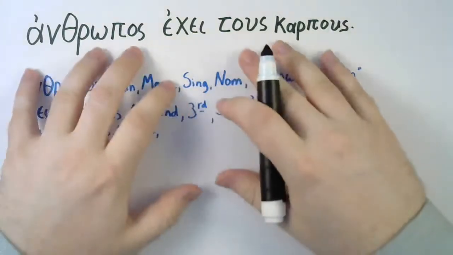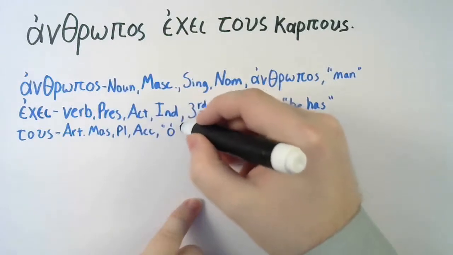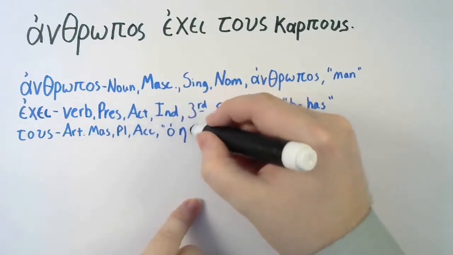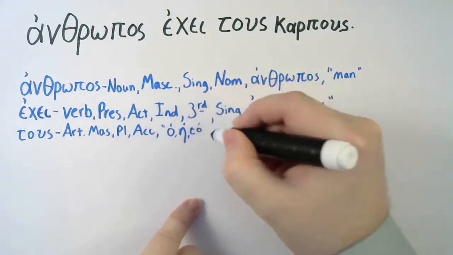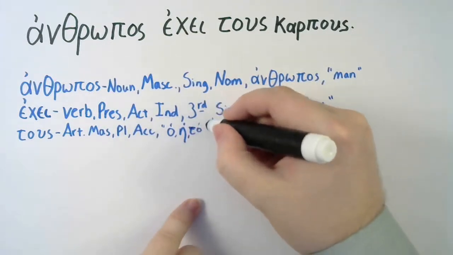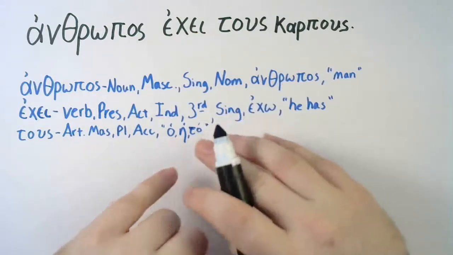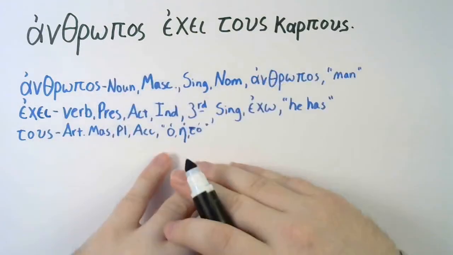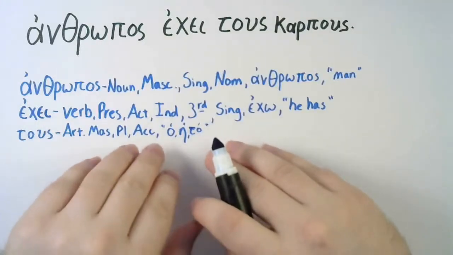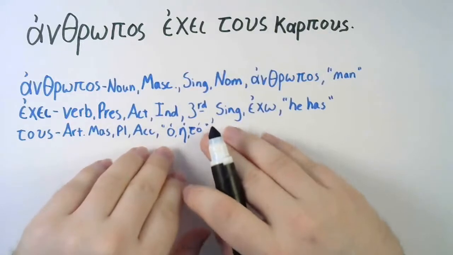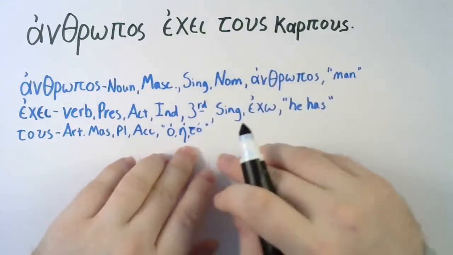Now, for definite articles, I will usually list the lexical form as ho, he, to. That's because it's the masculine singular nominative, the feminine singular nominative, and the neuter singular nominative all put together.